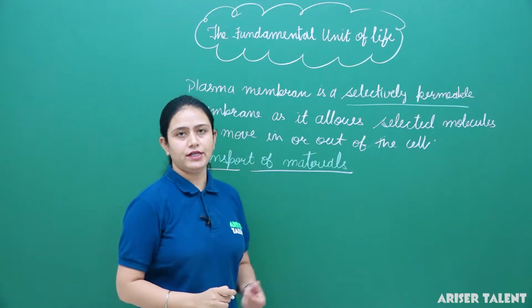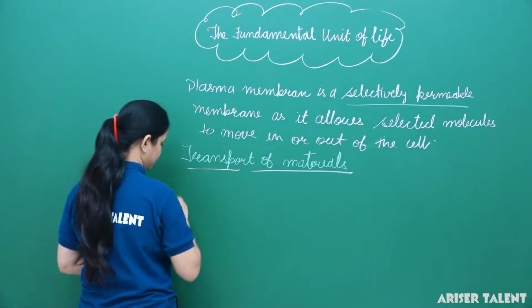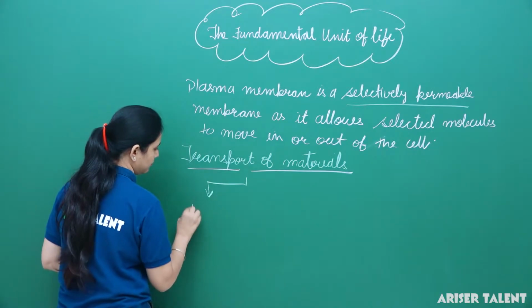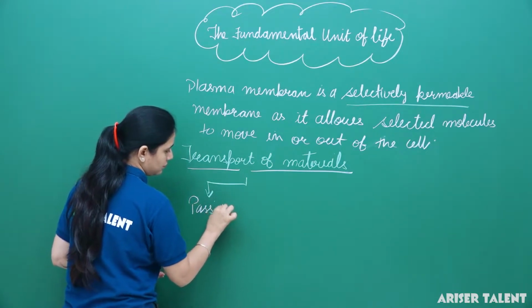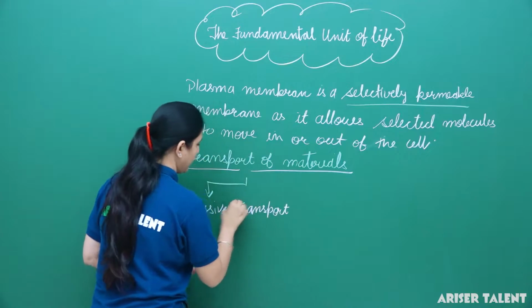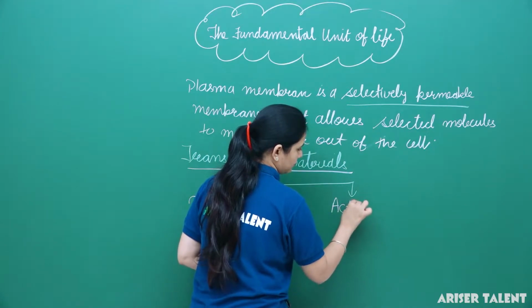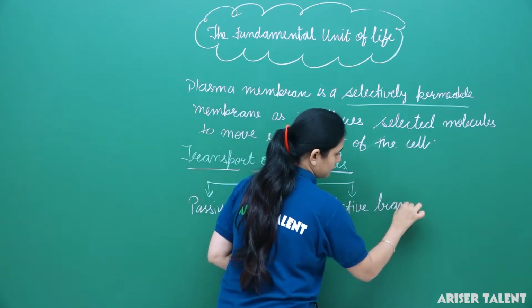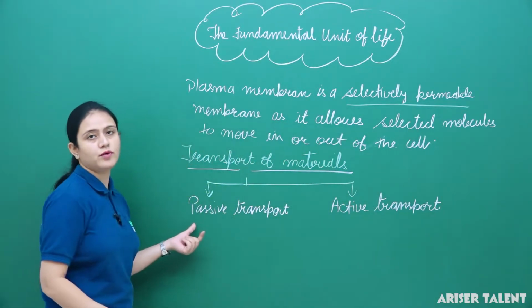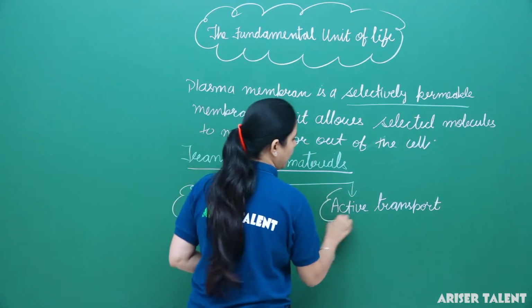Generally, transport of materials in the plasma membrane takes place by two methods: passive transport and active transport.